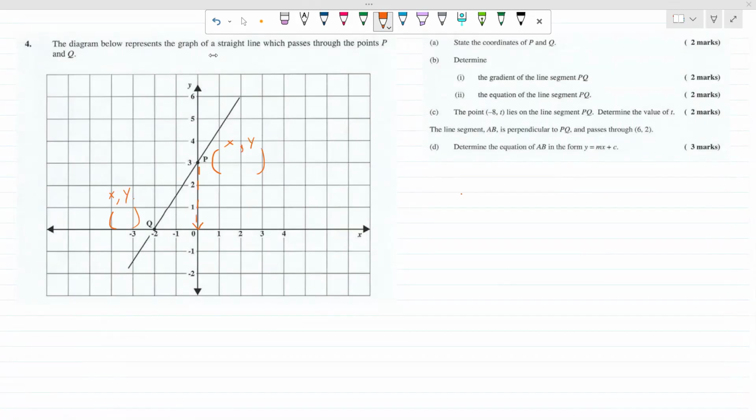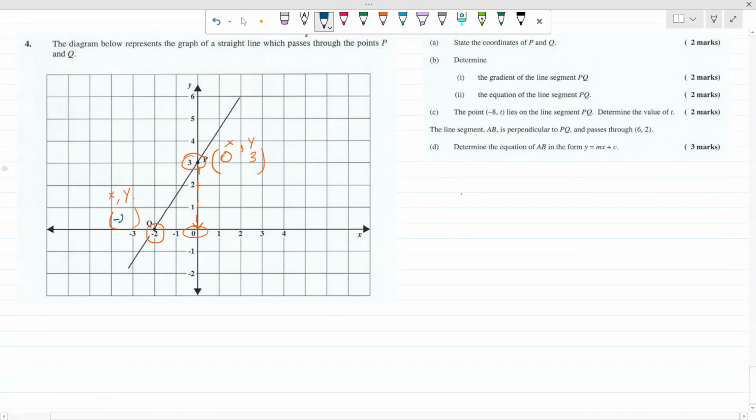X would be? What's X? What is the arrow pointing to here? Very good, 0. And what is Y? Very good, Y is 3. And what about Q? X is what?